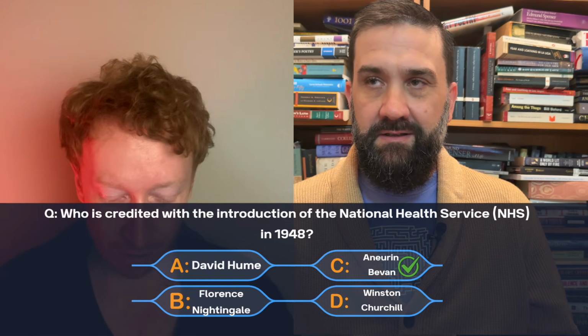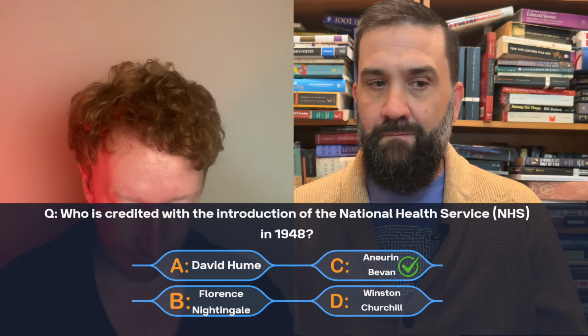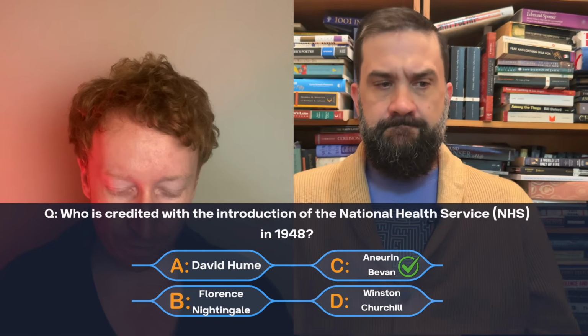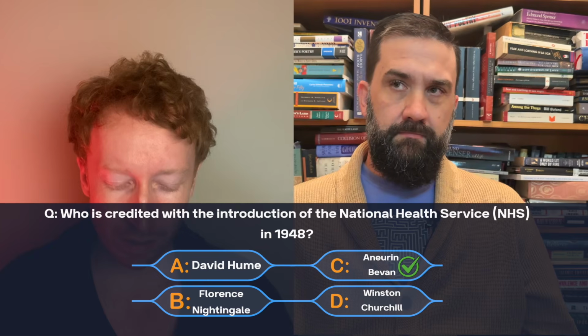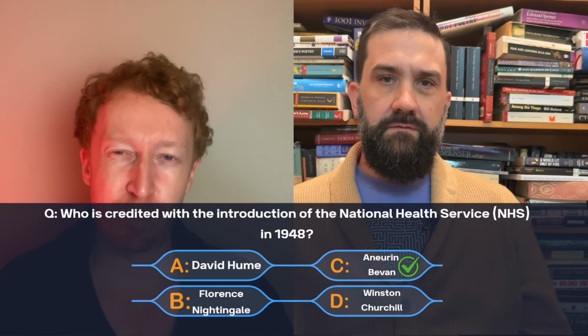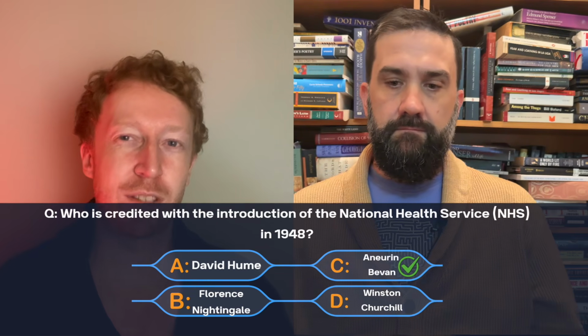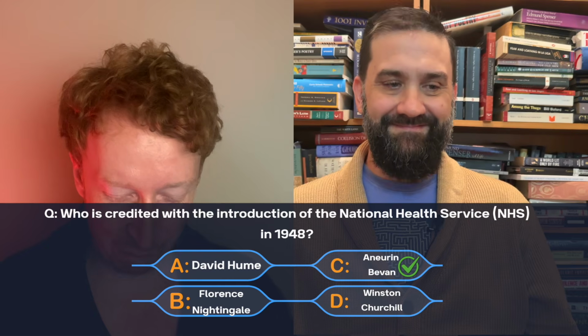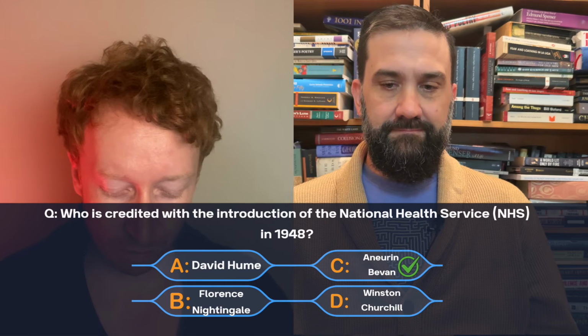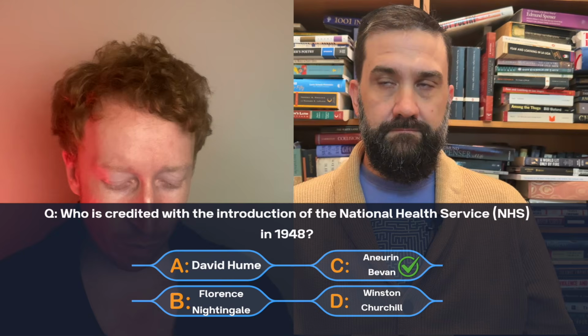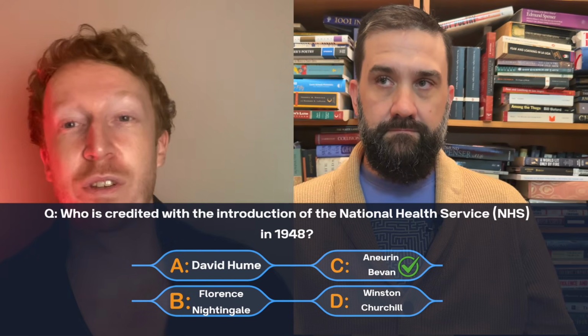So he was the Minister for Health, and so I believe that was the Labour Party in 1948. I think it probably was the Labour Party, because the Conservatives probably would not make something like the NHS. So he was the Minister for Health, and he led the establishment of the National Health Service, which we still have in the UK today.